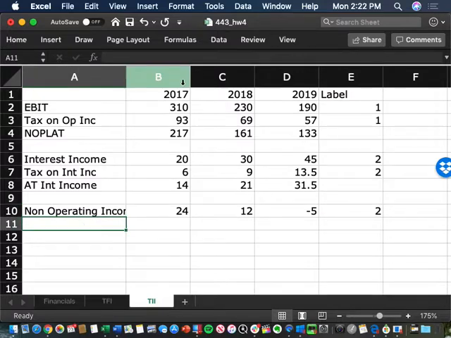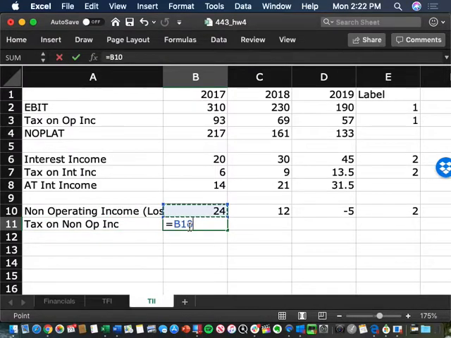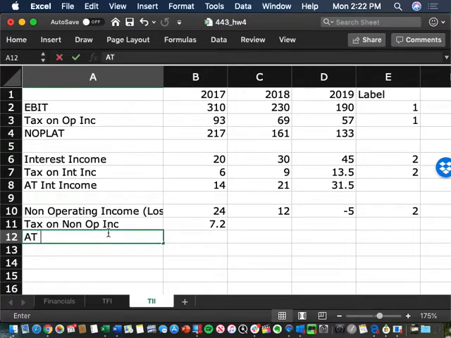I do the same thing with non-operating income. I have my non-operating income. I have my tax on my non-operating income or profit at 30%. After-tax non-operating income.